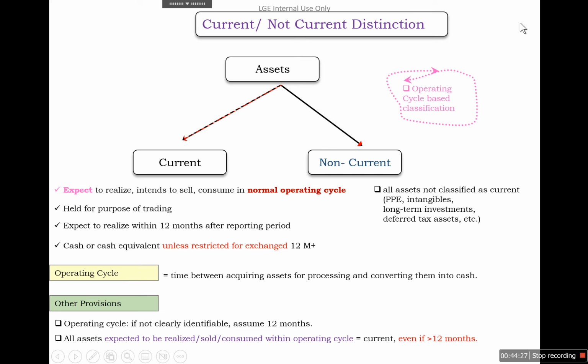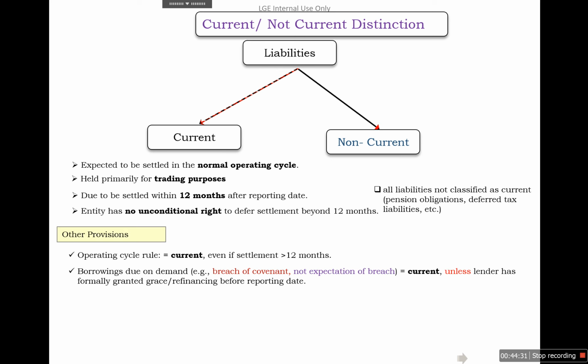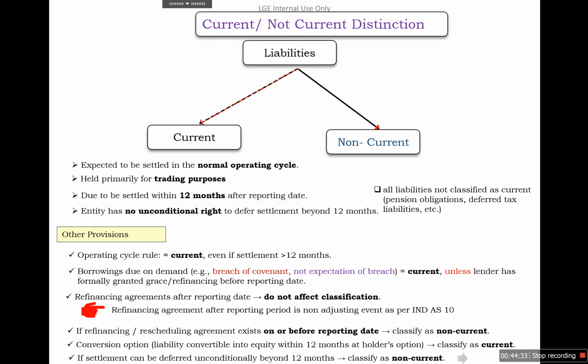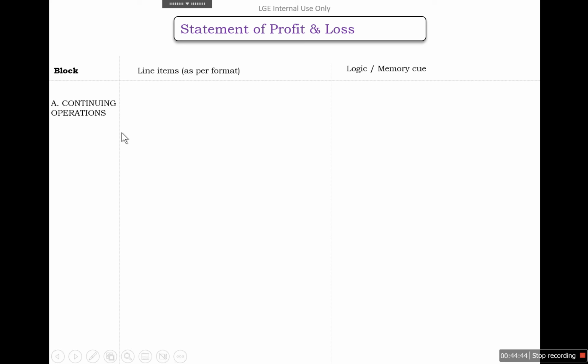So the next thing that we need to discuss is the format of the statement of profit and loss. Similar to the financial position, it is divided into continuing operations. First we'll present the income, that is revenue from operations and other income, and then the total income.